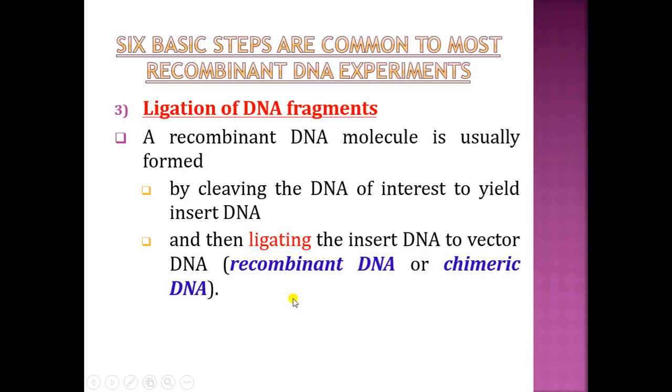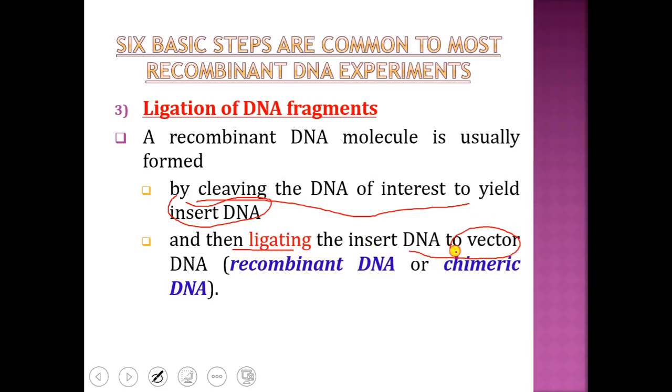And the third step is ligation of DNA fragments. A recombinant DNA molecule is usually formed by cleaving the DNA of interest to get insert DNA, called target DNA, and then ligating this insert DNA to the vector.